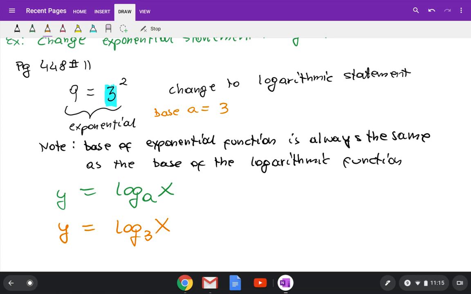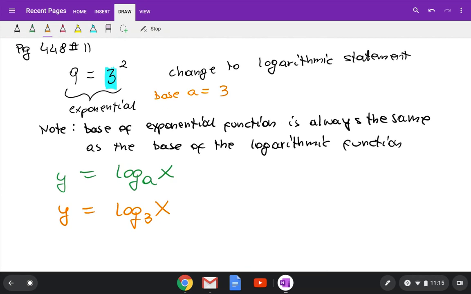Since exponential and logarithmic functions are inverses of each other, you're going to switch. So look what happened here. Before, next to base you had 2. When switching to log, 2 and 9 switch positions. So next to base you're going to have 9, and outside you're going to have 2.